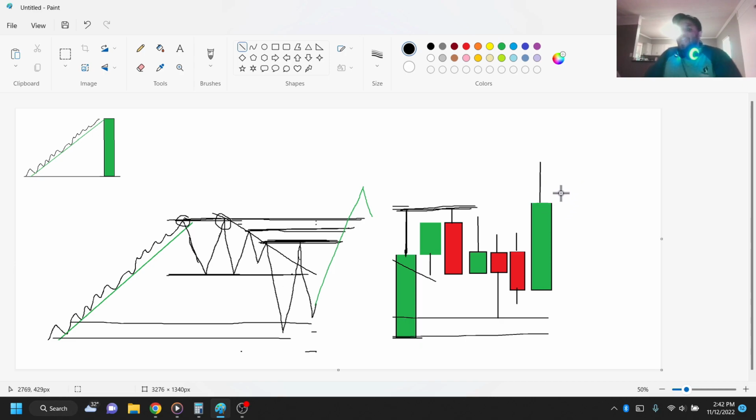Okay, but understand that if this candle ends like this, it's a retest of this level, and you don't know how the next candle is going to open, because the next candle could continue this momentum down, which would be very bad, or it could bounce. So if you get something like this on the next candle, that is a retest, and now you're ready to go off to the races again.